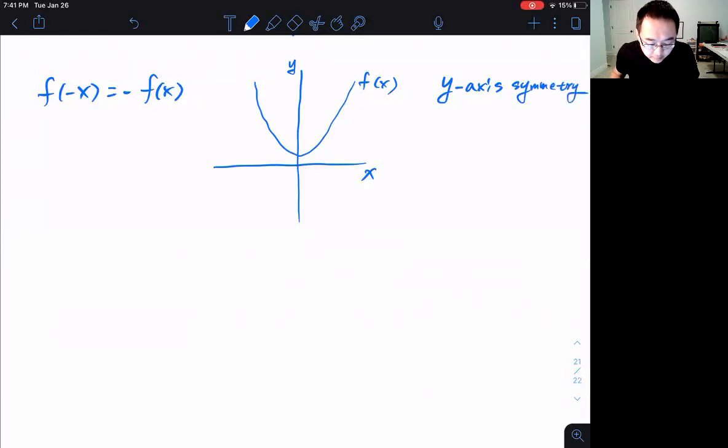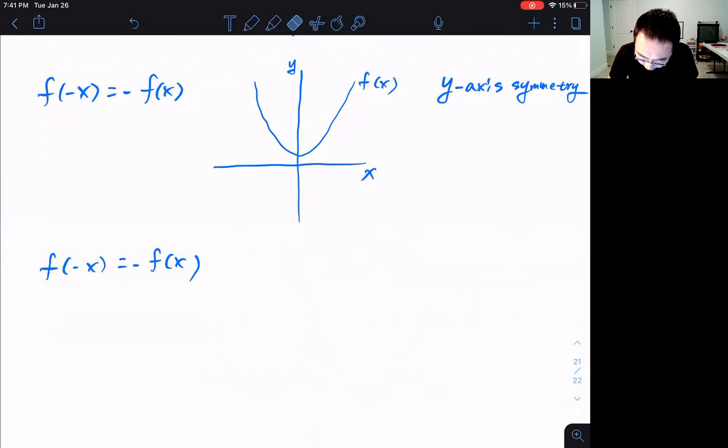Now we can also have origin symmetry. If you have f of negative x equals negative of f of x, whoops, sorry, I wrote the wrong thing.